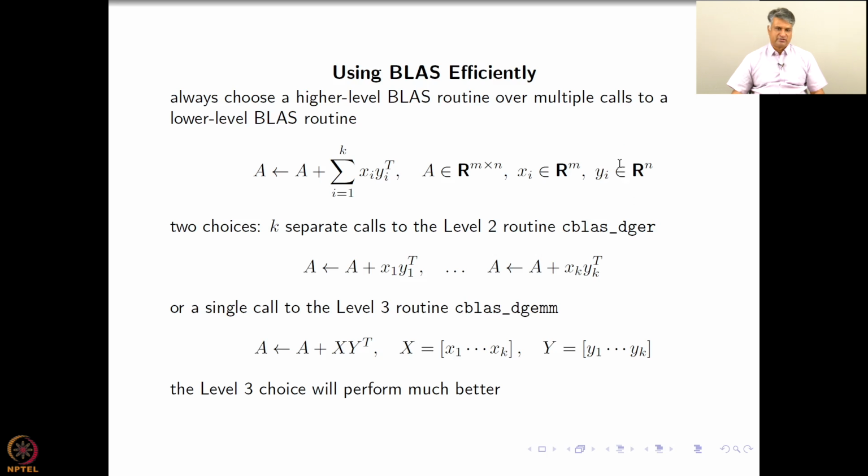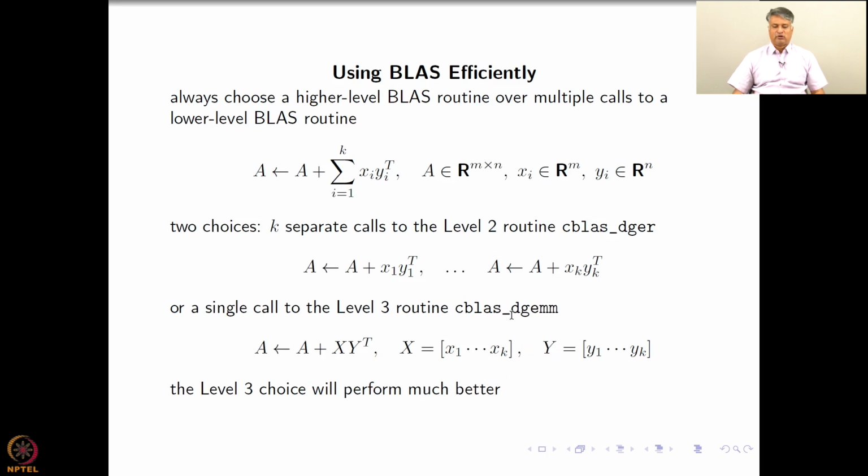You have two choices. I can take k-separate calls to the level 2 routine cblast dger, which will do this mathematical operation over here, or a single call to the level 3 routine cblast dgemm, which will give me the operation like this.